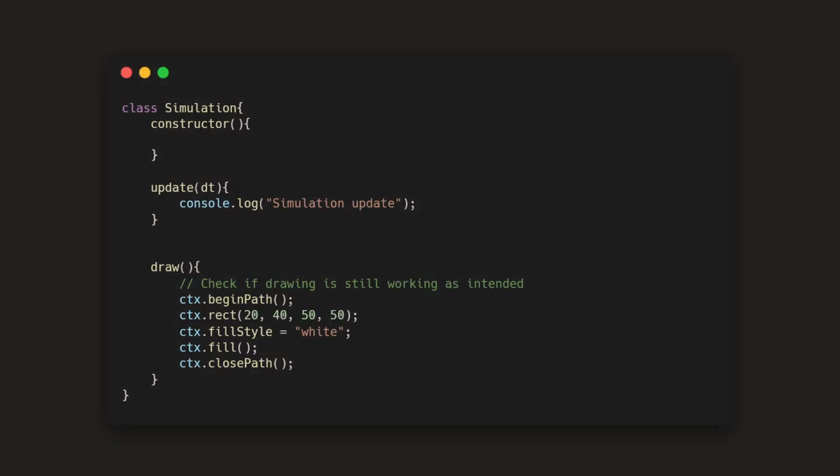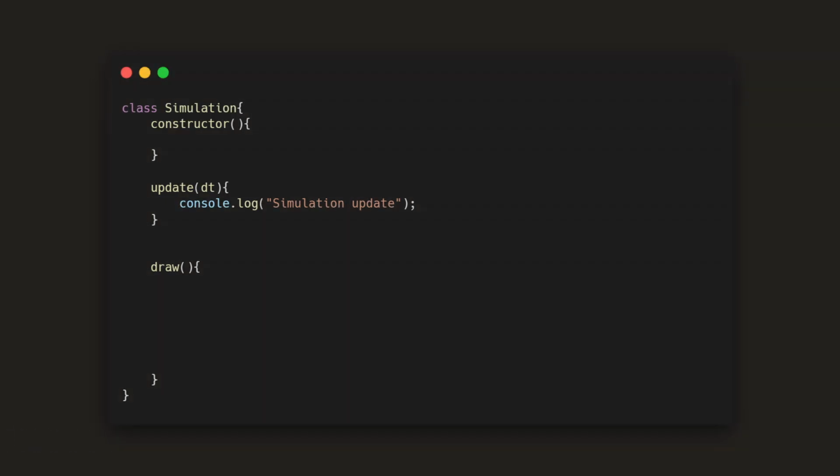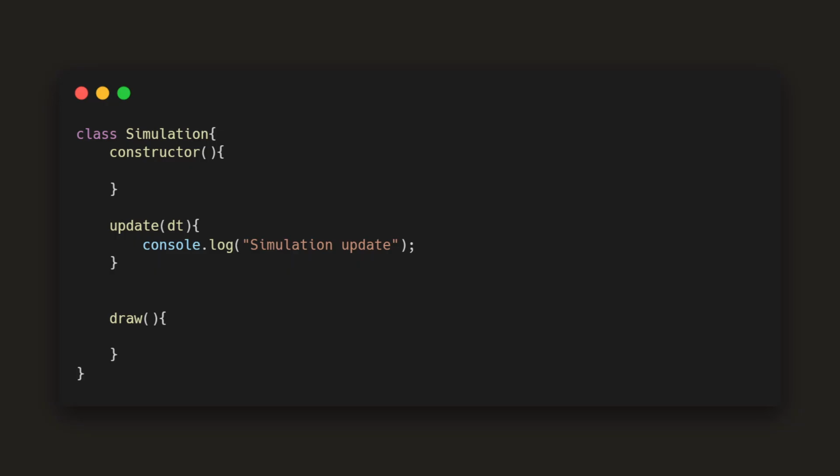We can also switch now to the simulation file. In the draw method, we can just remove the code. The red rectangle was just a sanity check, so we don't need that anymore because we've got the DrawUtils, and it's working already.